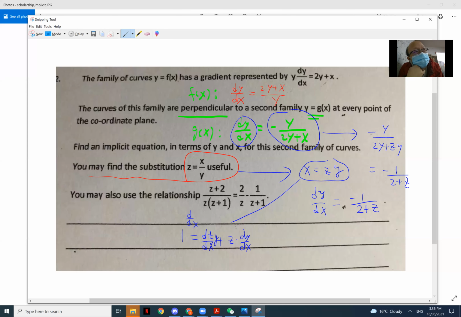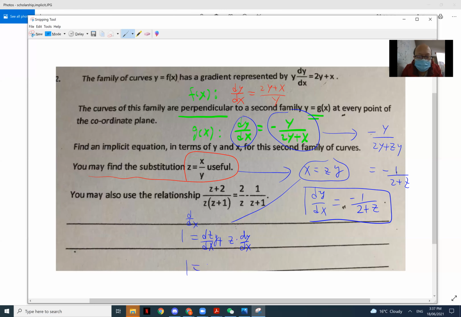Check the idea, because we try to rewrite dy/dx.